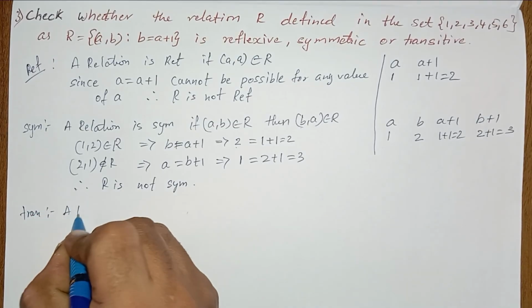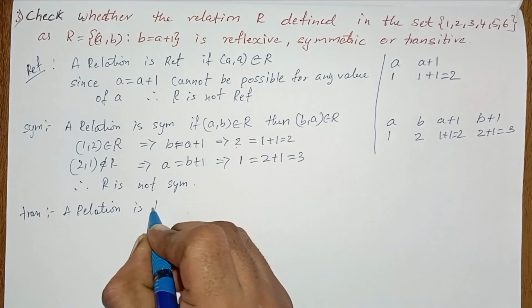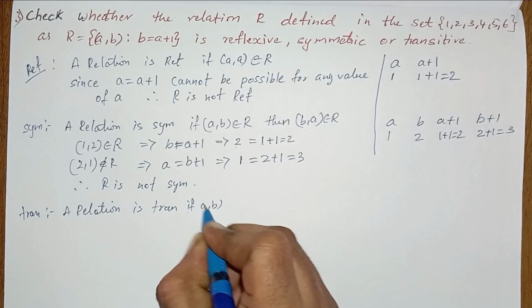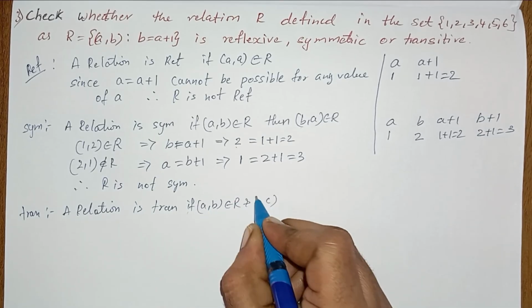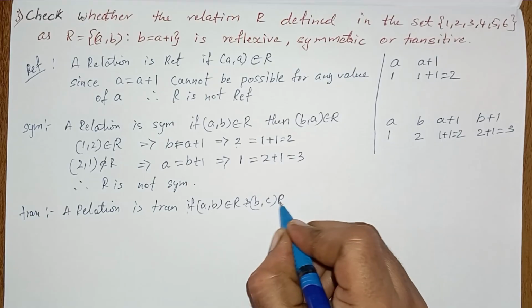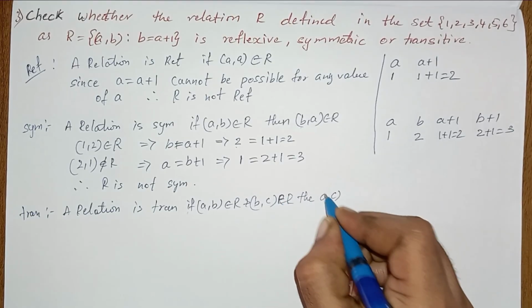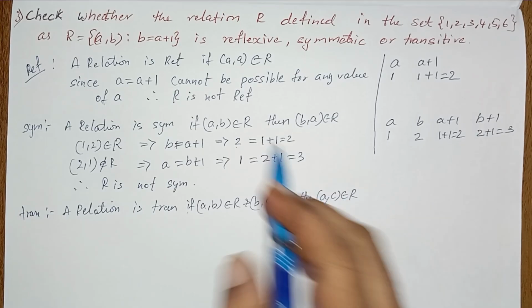So, a relation is transitive if A comma B belongs to R and B comma C belongs to R, then A comma C should also belong to R. So here we have that.